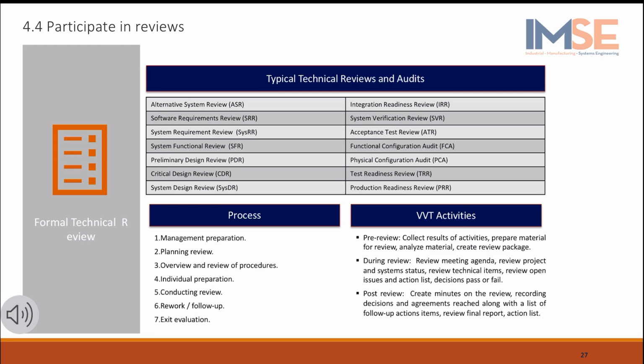And lastly, we have the post-review activities, like creating minutes of the review, recording decisions and agreements reached along with a list of follow-up action items, and reviewing the final report.